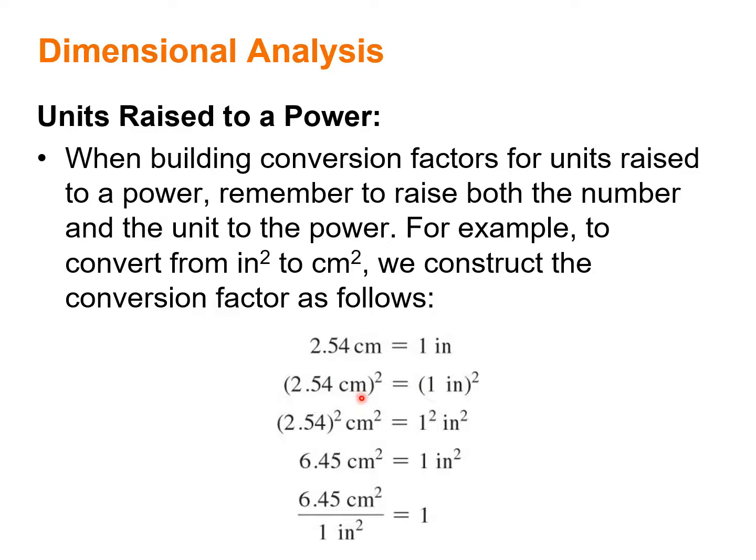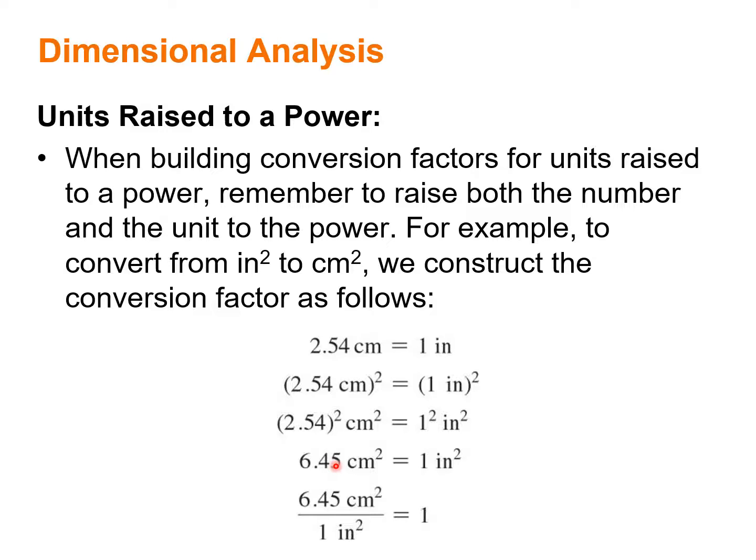So you square 2.54 centimeters, and you square 1 inch. Whatever you do to the number, you also do to the unit. So if you are squaring it, then you square the number and you also square the unit. You square the number and you square the unit. So if you square the number, stick 2.54 into your calculator, and then you square that number, you get 6.45.